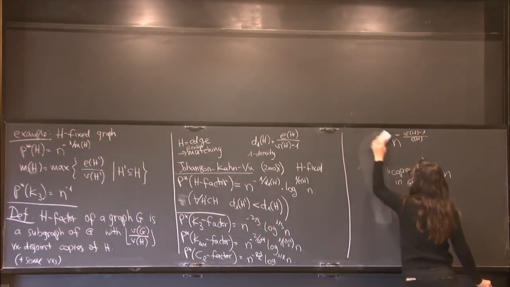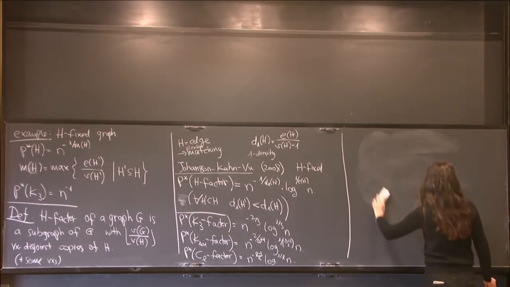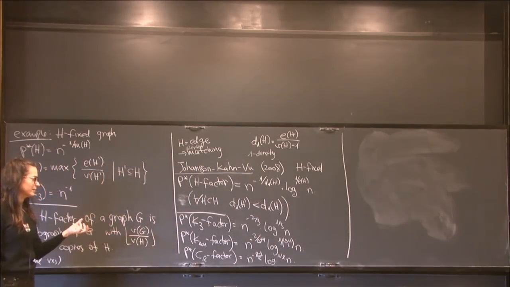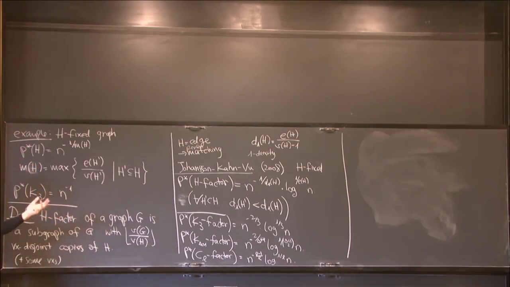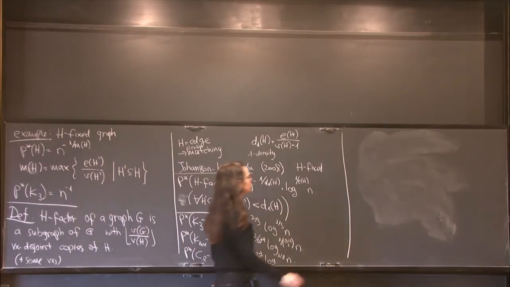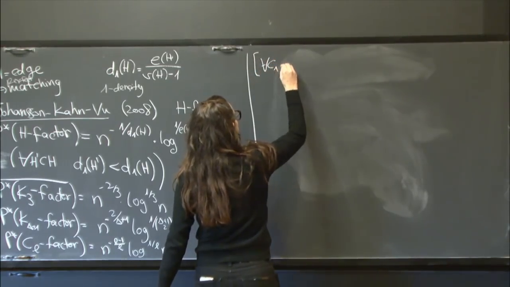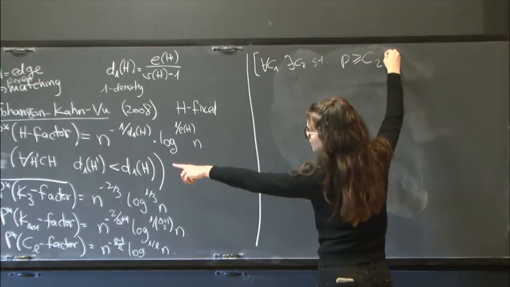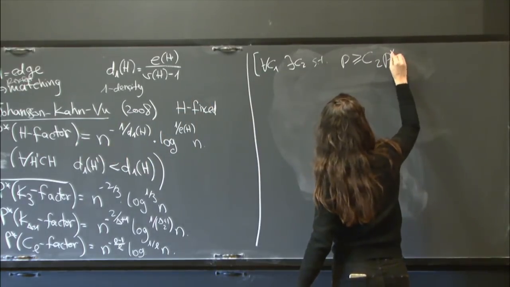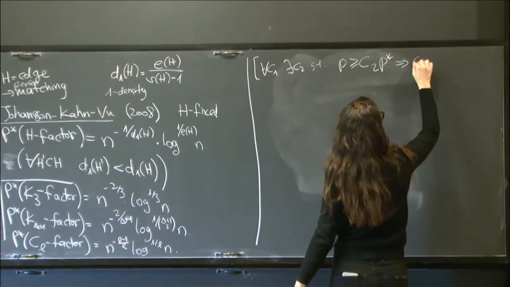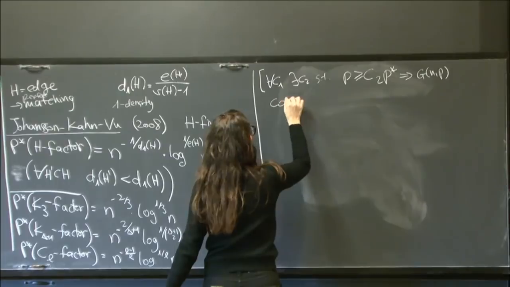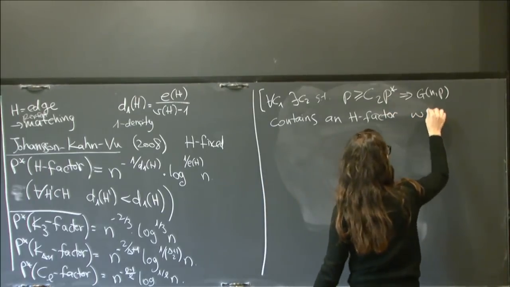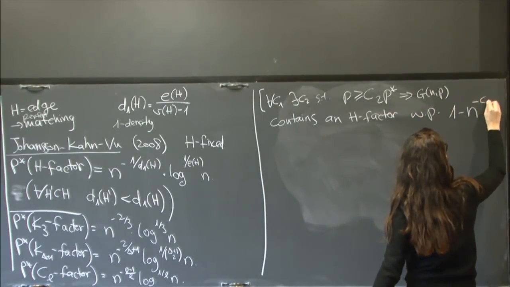Actually, what they did was not only determine the probability threshold, but they showed the exact probability that an H factor appears in G(n,p). Maybe I'll just write it. What they showed is that for every C1, there exists C2 such that if p is at least C2 p star, then G(n,p) contains an H factor with probability 1 minus n to the minus C1.